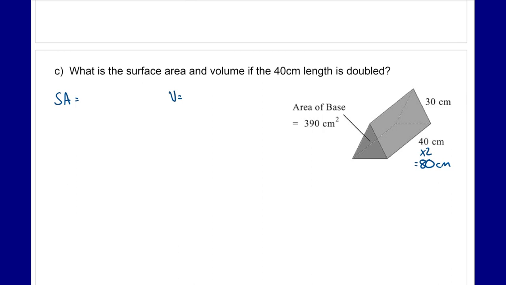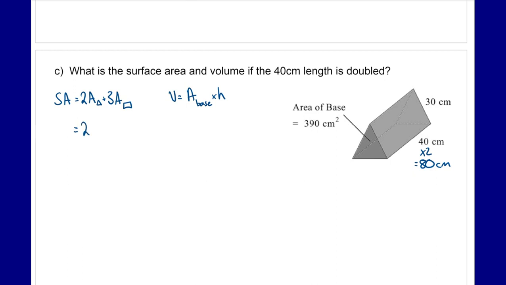The formulas are going to stay the same. We're going to have 2 times the area of the triangles plus 3 times the area of a rectangle. The volume is going to be the area of the base times the height.